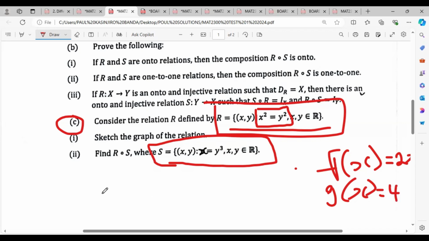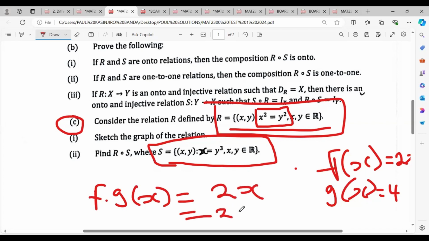And then they ask me to find f of g. This is exactly what we are doing here. We're just finding R of S. So this is the formula for S, then this is the formula for R. So if I find my f of g here, I'll just write 2x, and then wherever there's x, I'm going to represent the function g, and this will just be 8. So we'll use this basic information here.